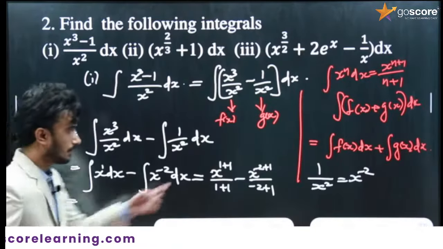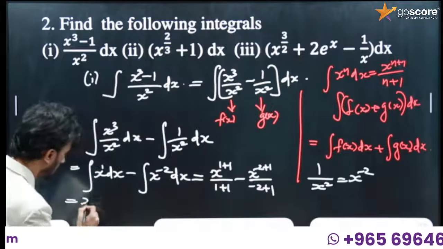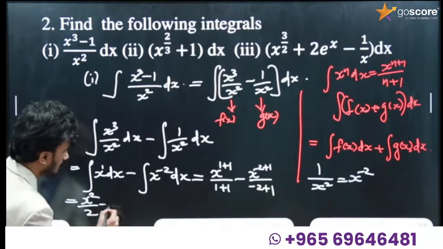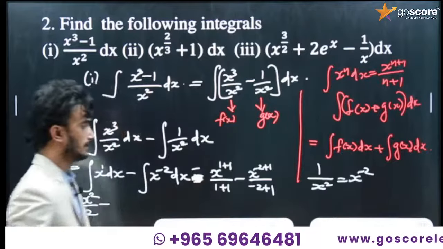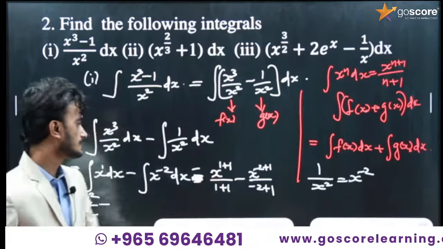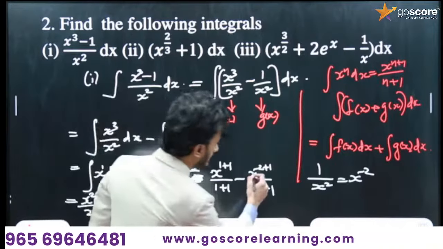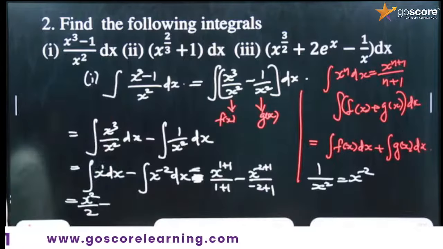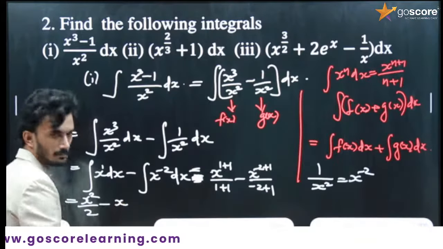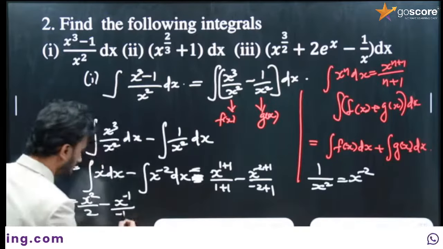So it is equal to x raised to 1 plus 1, x square divided by 2, minus x raised to minus 2 plus 1. What is minus 2 plus 1? It is minus 1, divided by minus 1.